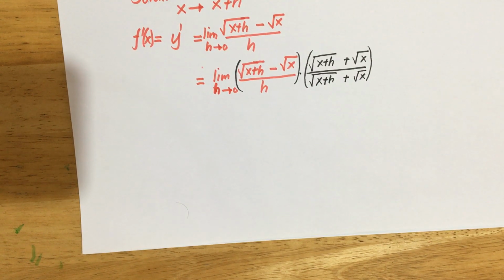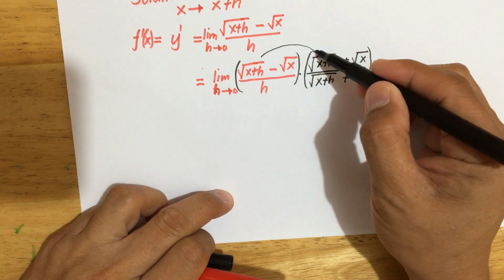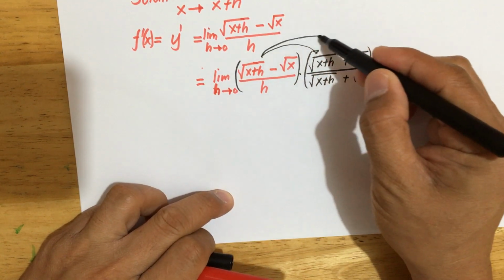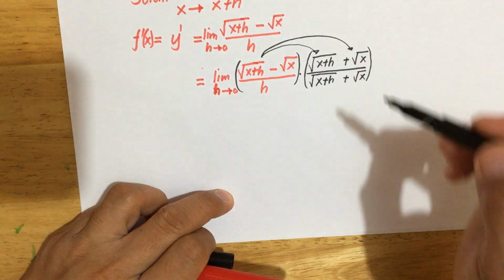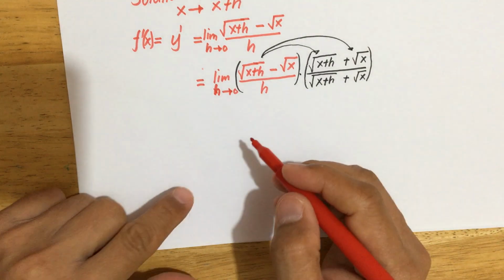So we are going to multiply each term of the first quantity to each term of the second quantity.